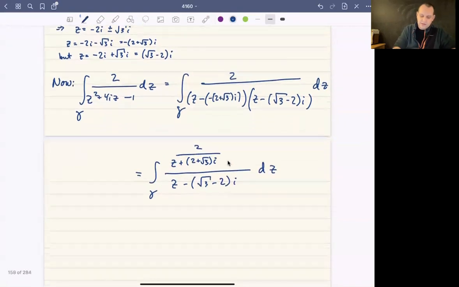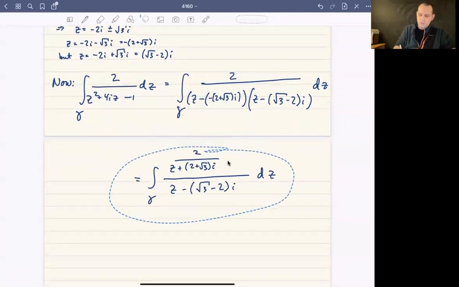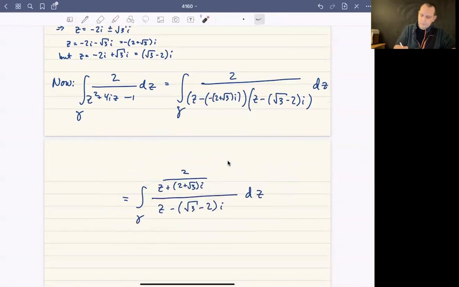And now if you look at this carefully, notice that the numerator is a function that's holomorphic over the region gamma, and gamma is nice and has all the properties that we want from Cauchy's integral formula. It's piecewise smooth, closed, positively oriented, and simple. The value w that we're looking at is square root of 3 minus 2 times i, because it's always z minus w.